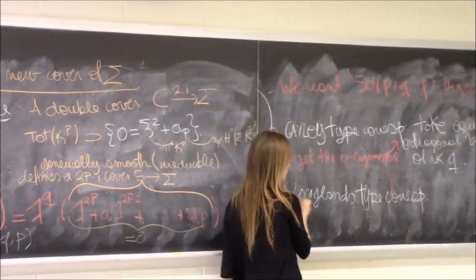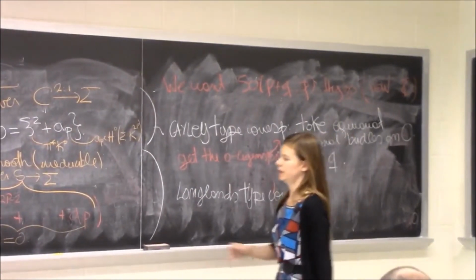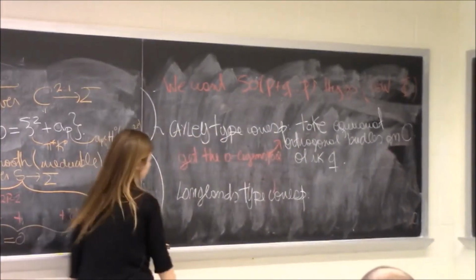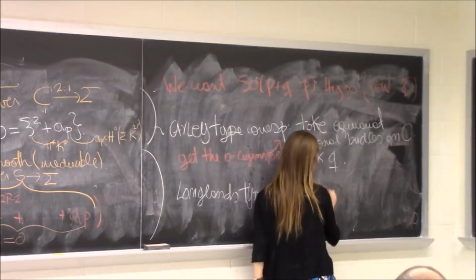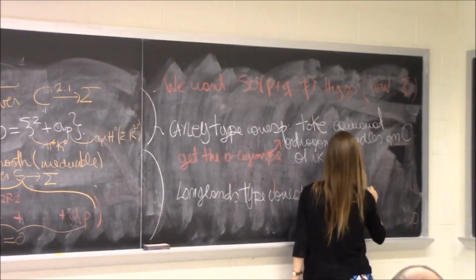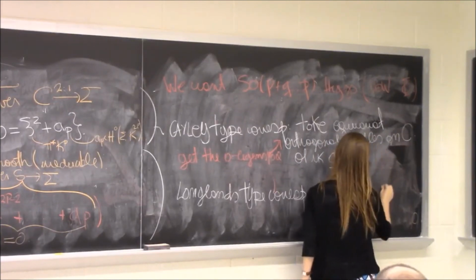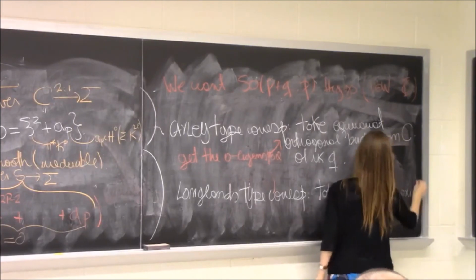And that's why we call these a Langlands type correspondence. What we're going to do is note that from this curve we can have symplectic Higgs bundles. So take SP2PR maximal Higgs.